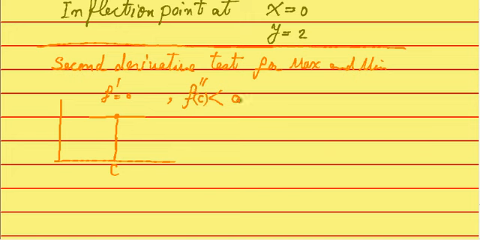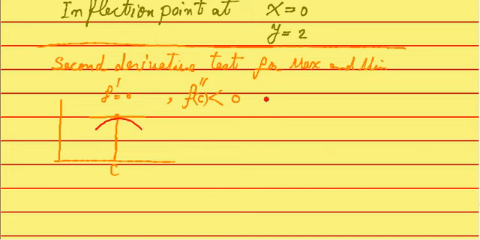Second derivative negative, you remember what it implies about the shape of our function. What does negative second derivative mean? Negative second derivative means the function is concave down. So if it is concave down, what can this be? Can it be a minimum or a maximum? If it is concave down, it is forced to look like this.